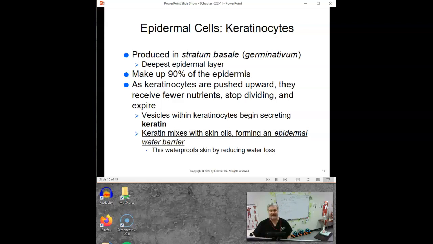Why would they want to do that? Anybody? They want to get rid of your epidermis because it makes your dermis make more skin cells.